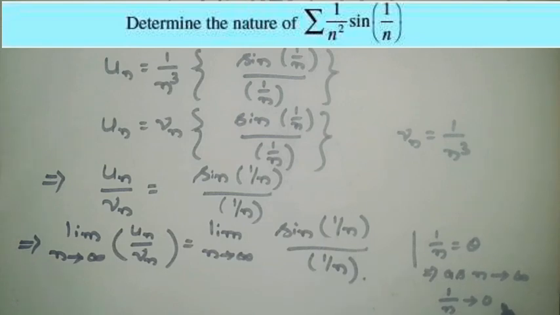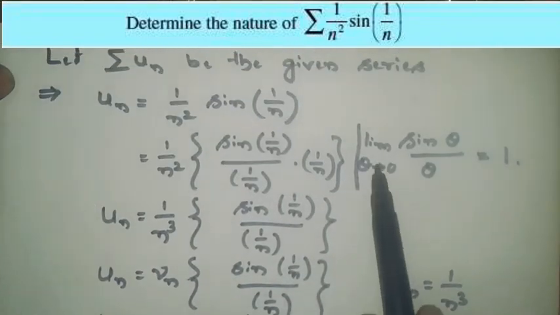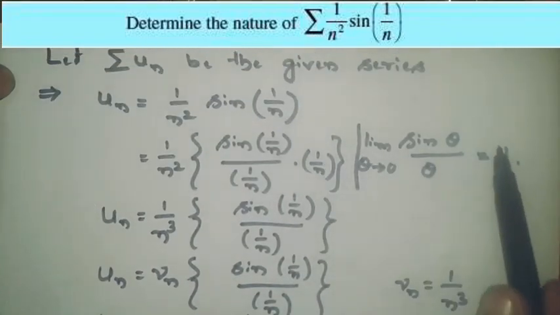Therefore theta tends towards 0. Therefore this limit is going to be limit as theta tending towards 0 of sine theta by theta. I have already given you the information that we are going to use this formula. So the value of this is 1.